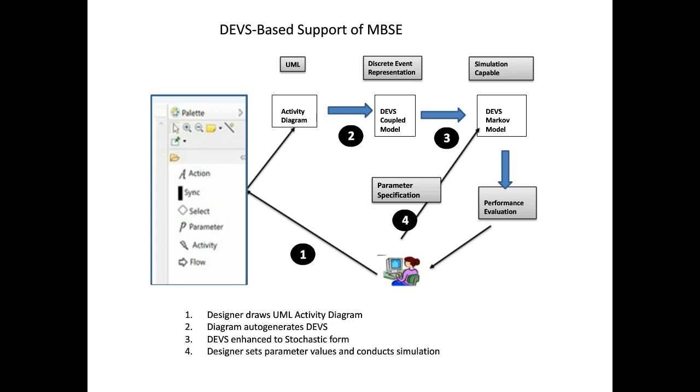So the designer draws the UML activity diagram. The diagram then generates a DEVS model, and it can be enhanced to be in the form of a stochastic Markov model with timings and probabilities, and those kind of parameters can be set by the designer and then a simulation run.